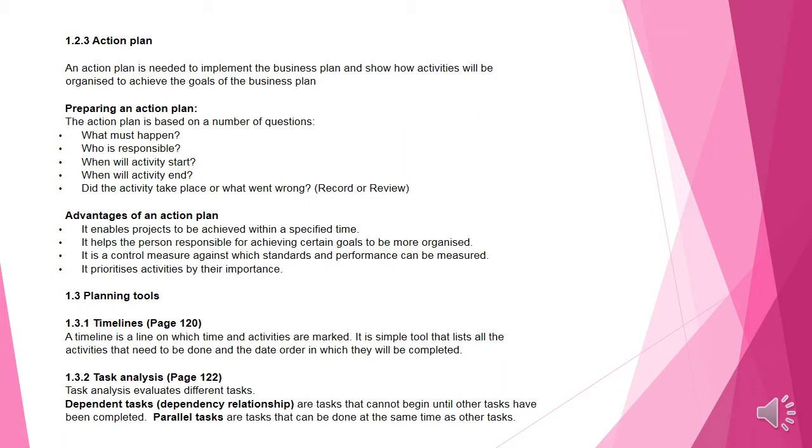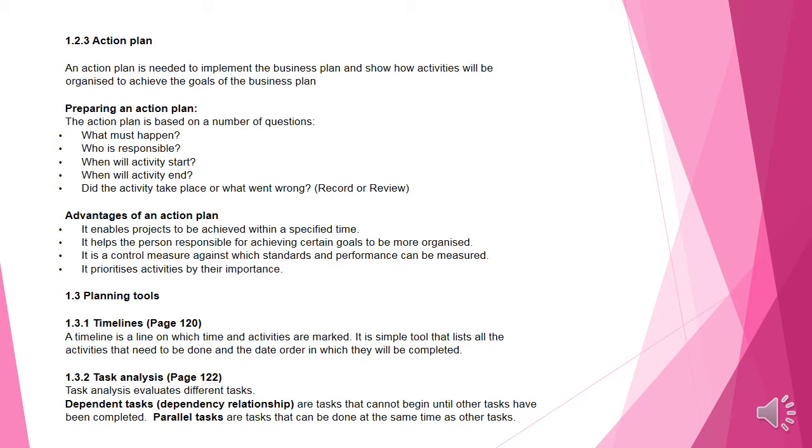Then we have planning tools. 1.3.1 Timelines. In our textbook, we have an example of a timeline on page 120. What is happening on page 120? We have a timeline there, with the month June, and the dates from the 1st of June up to the 30th of June.